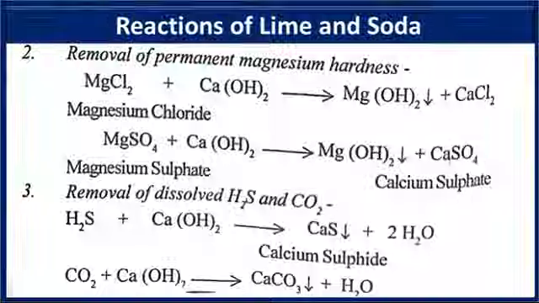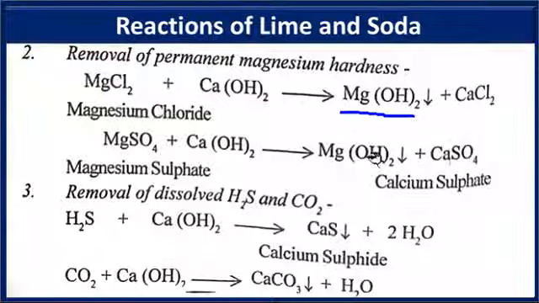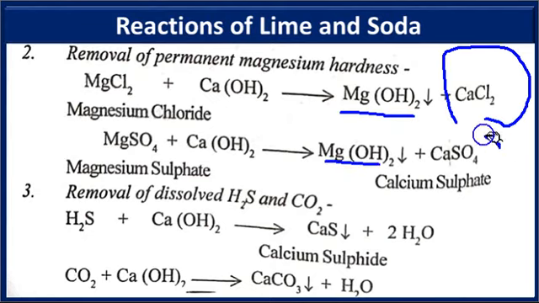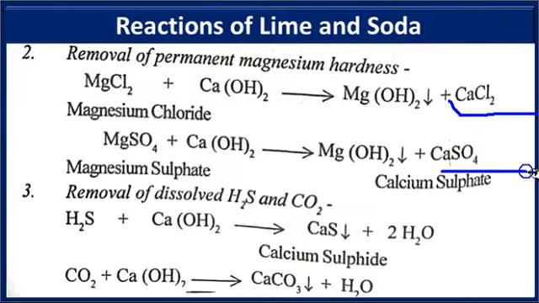Why? Because when lime reacts with the magnesium permanent hardness causing salts, it removes the magnesium hardness, but it generates the permanent calcium hardness. For the removal of this permanent calcium hardness, soda is required. That is why whenever in the question it is given that permanent magnesium hardness is present in the water, we always mention that for the complete removal of permanent magnesium hardness, lime plus soda both are required.